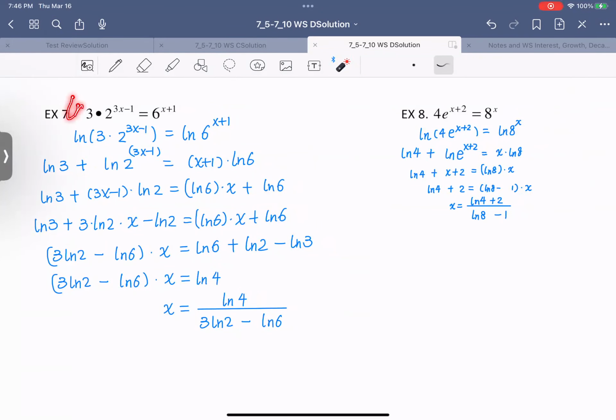First, you take the natural log of this whole thing, and you split this. You pull this in front, and you do this distribution. You put the x term to the left and the constant term to the right.